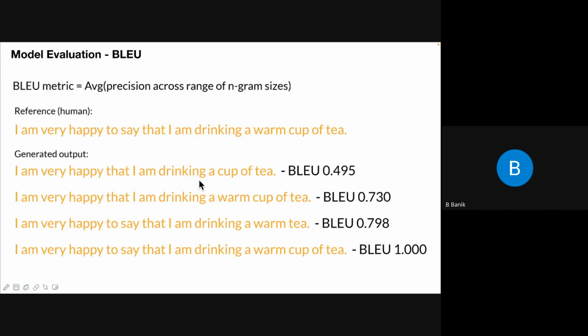There is no warm cup of tea here. So you take the average precision across a range of n-gram sizes, a similar calculation, and you get a BLEU score. After you fine tune, you take either ROUGE or BLEU score to evaluate your model.